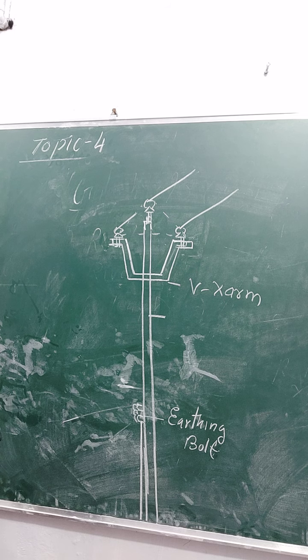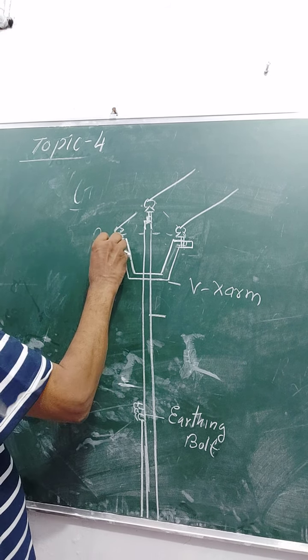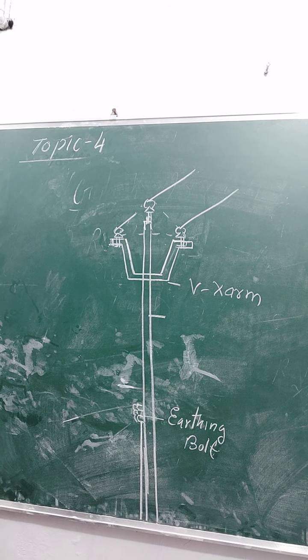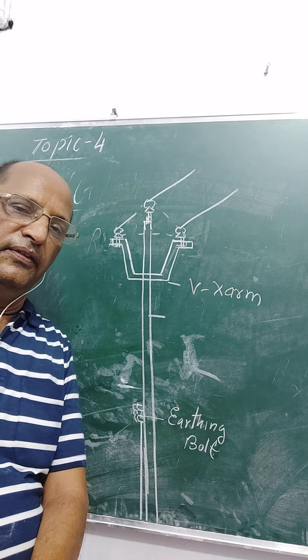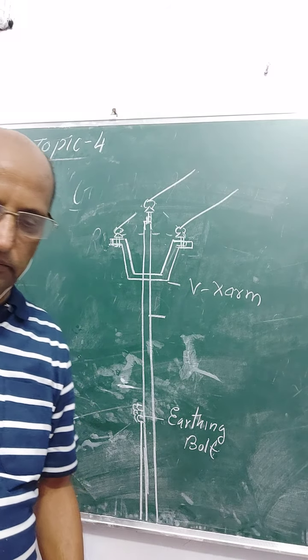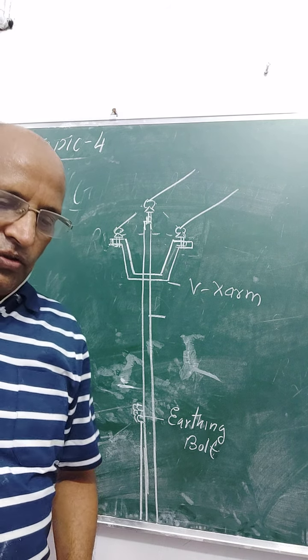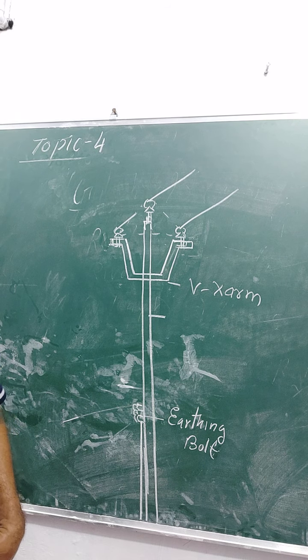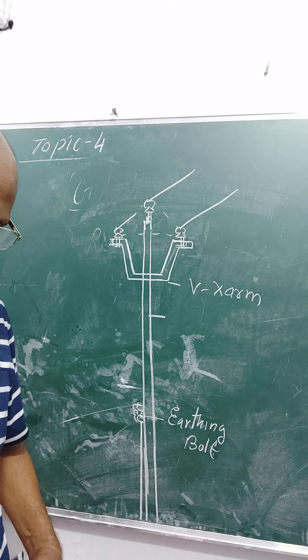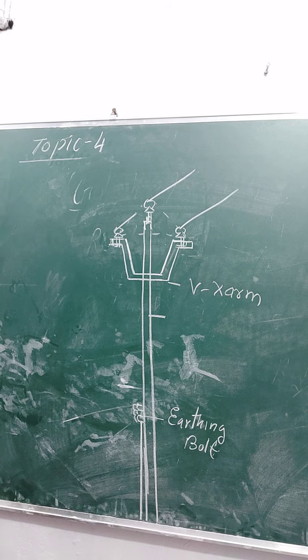So whenever we prepare the estimate for an HT line, we consider the major items which I have discussed, and then some minor items. They come under the category of hardware. Whenever we take one problem of an HT line, I will discuss all those other items.